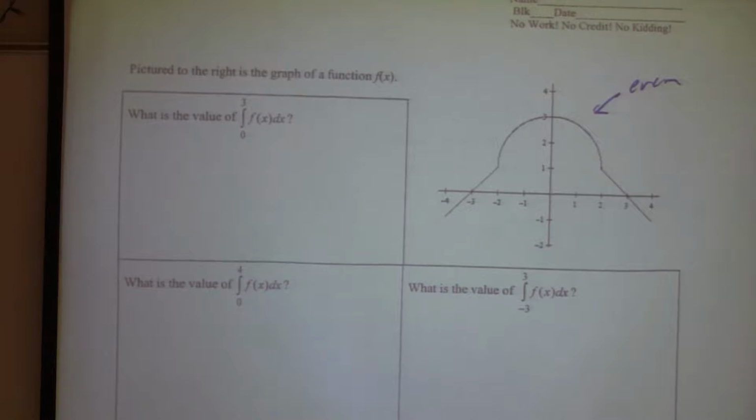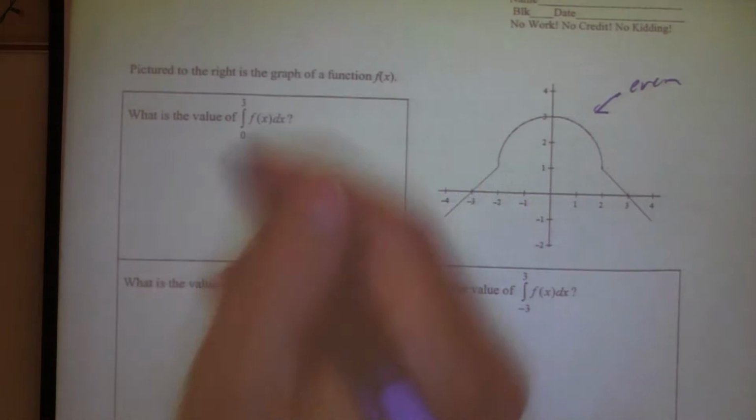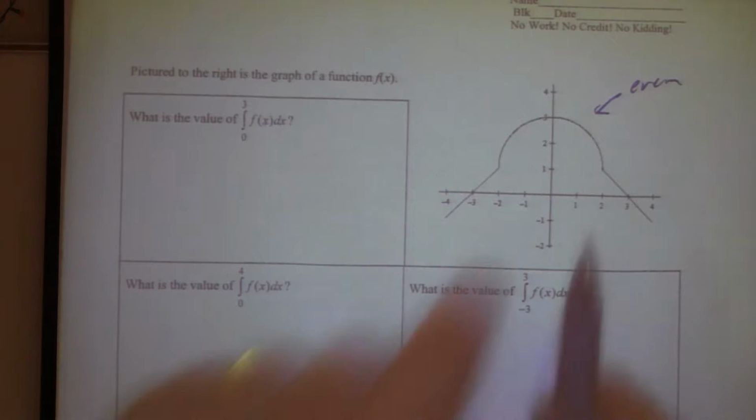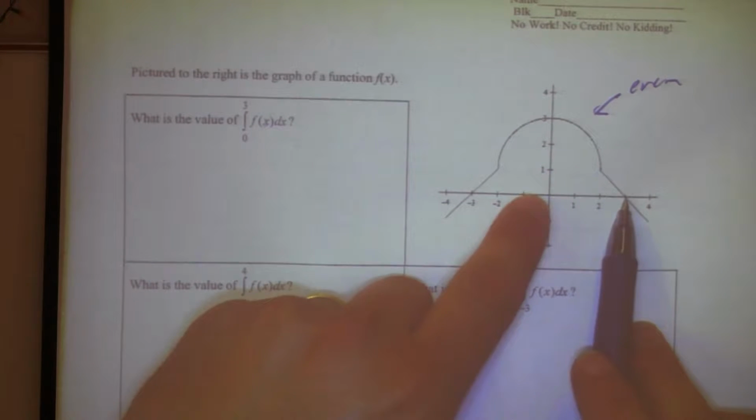Alright, the first question says, what is the value of the integral from 0 to 3 of that exact function that's there? So what could I do to figure out this value, since I'm not given a function? We can calculate it, okay? How? That's what I want to know. So calculate the bounded space, right? From 0 to 3? Yeah?